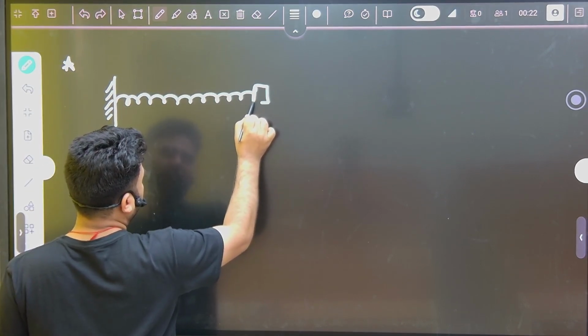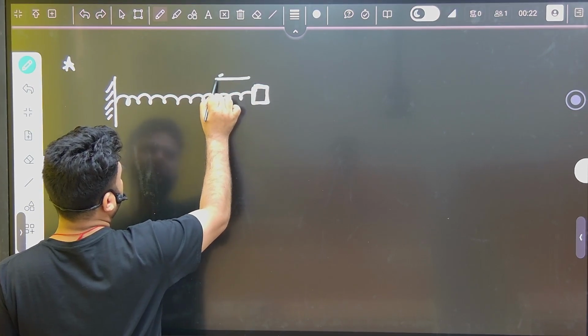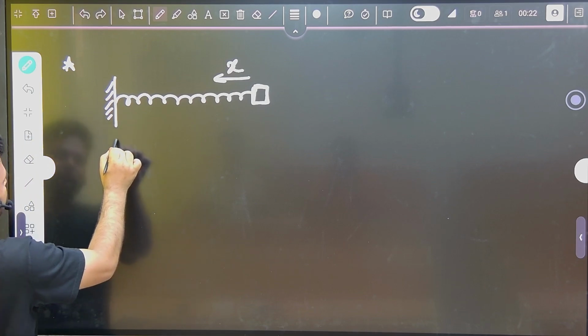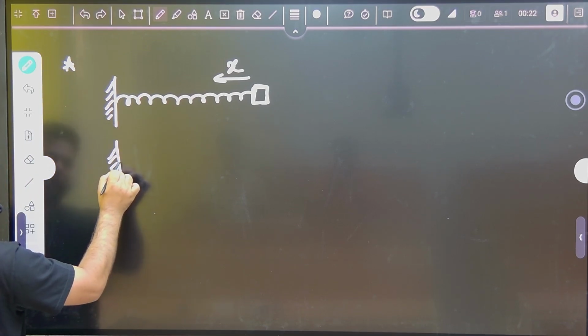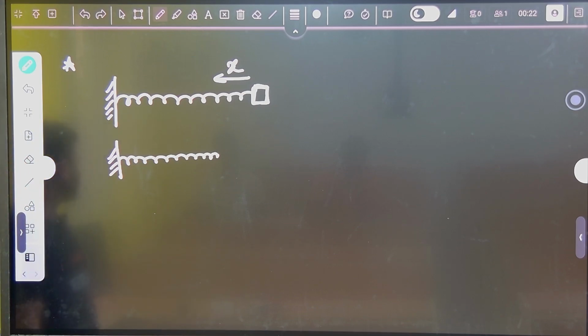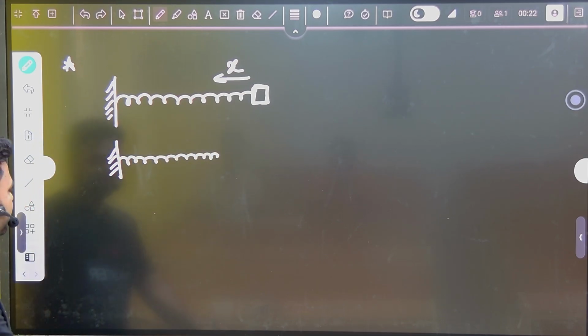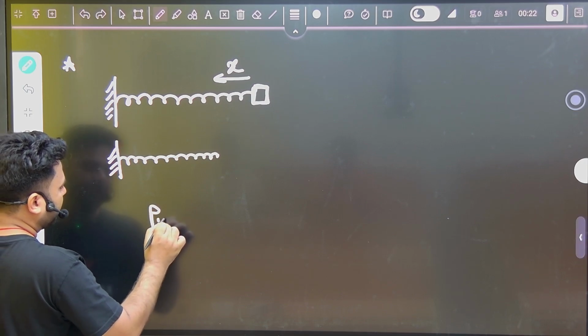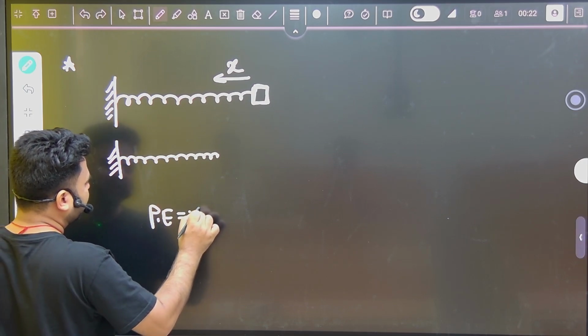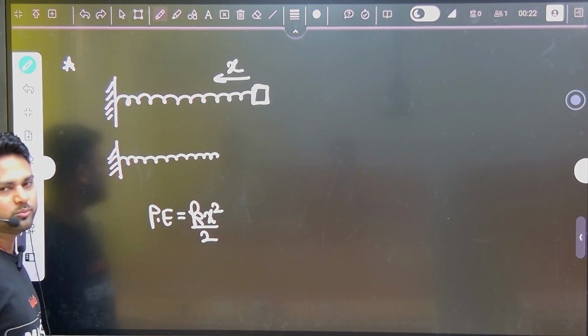You are compressing the spring by X amount. The spring gets compressed by X length. So what is the potential energy stored in the spring? Potential energy stored in the spring is kx square by 2.